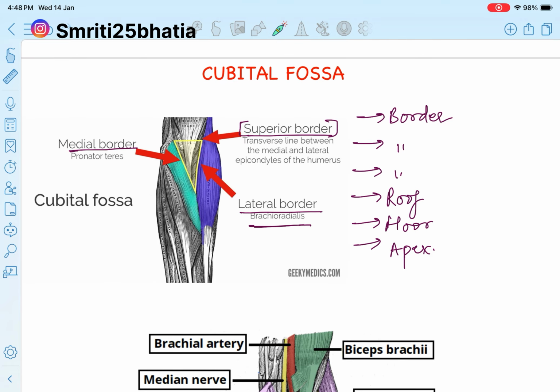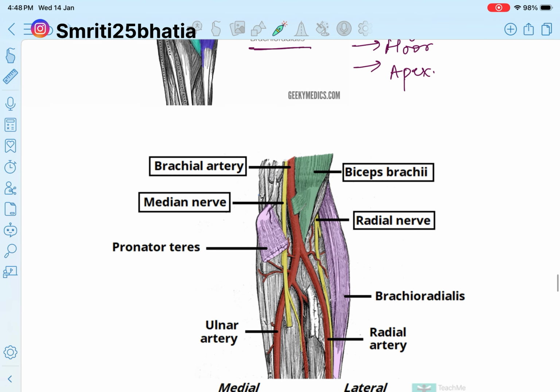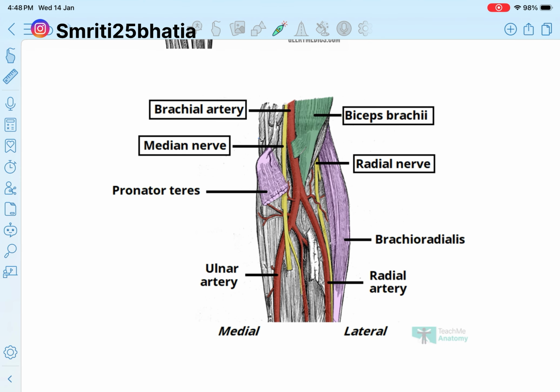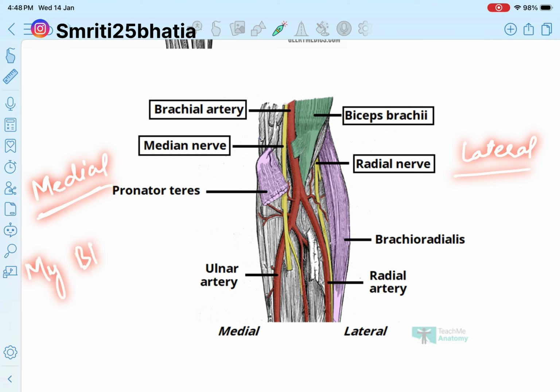Now next we go to the contents of the cubital fossa. First of all, we should understand that this is the medial side and this is the lateral side, and we have to remember one mnemonic: my blood turns red.